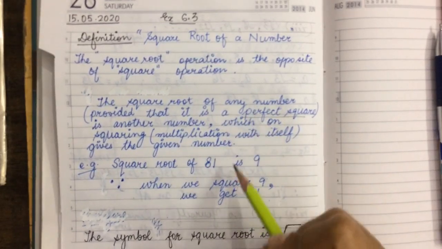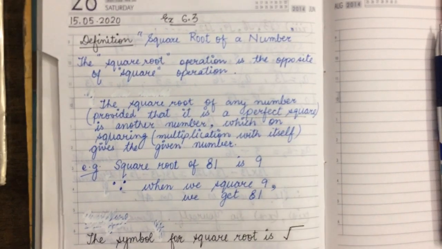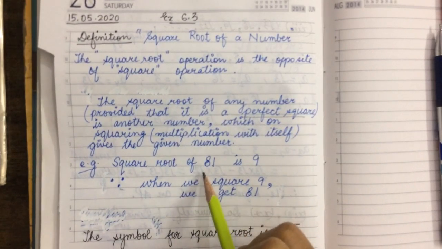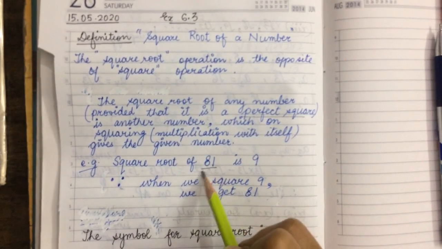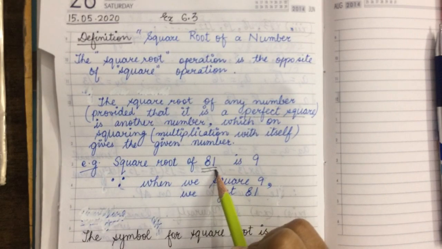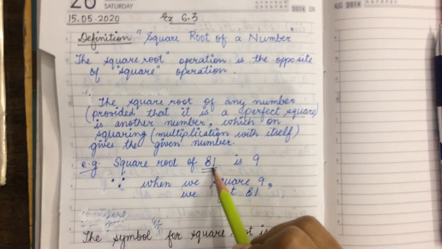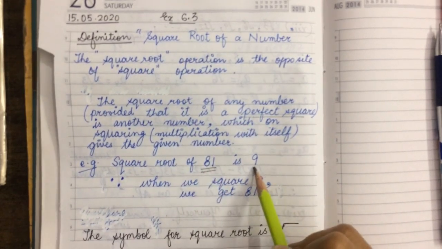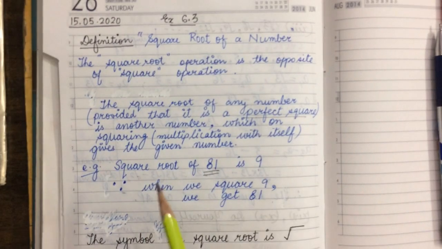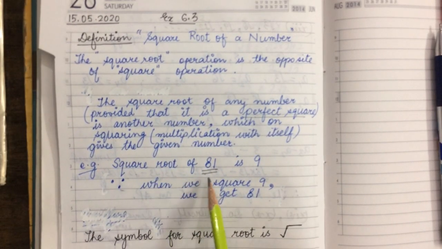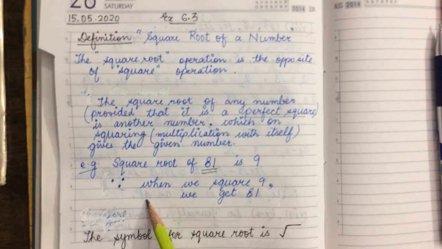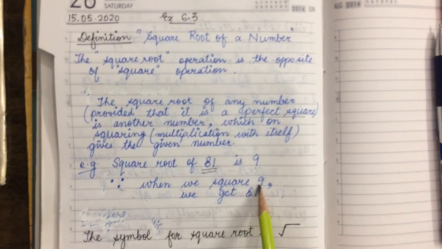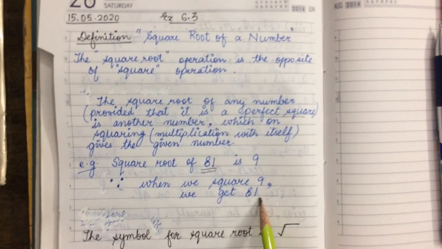Now this will be clear if we look at this example. Suppose we have to find out the square root of 81. So what I want is I'm looking for a number which on squaring gives me 81, and that number is 9. And that is what I have written. Square root of 81 is 9 because when we square 9, we get 81.